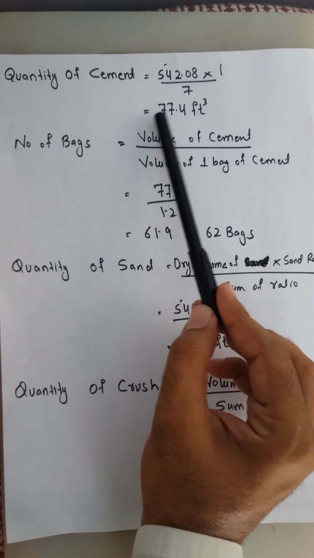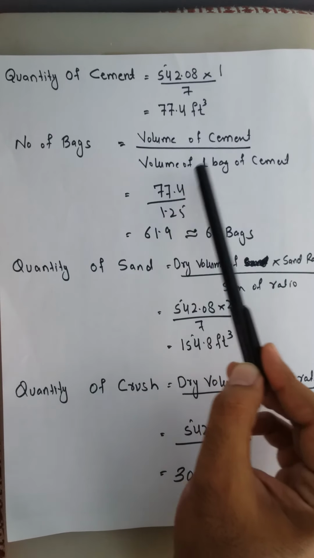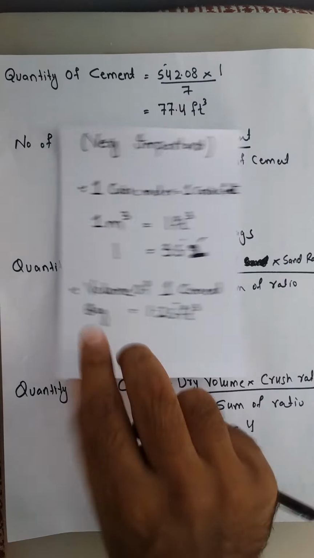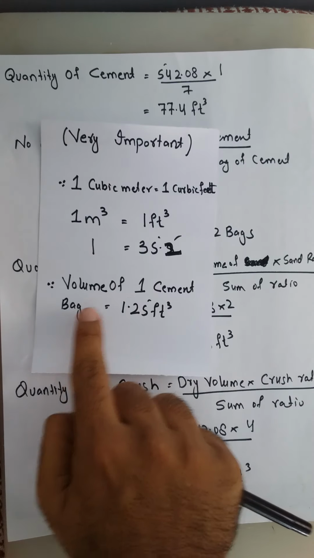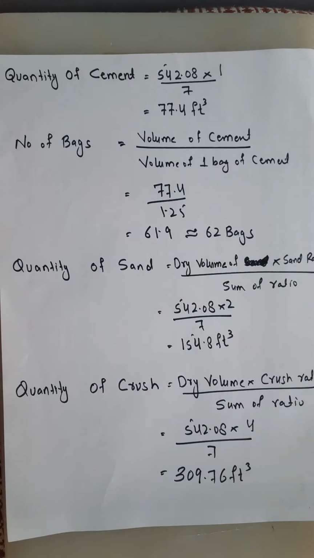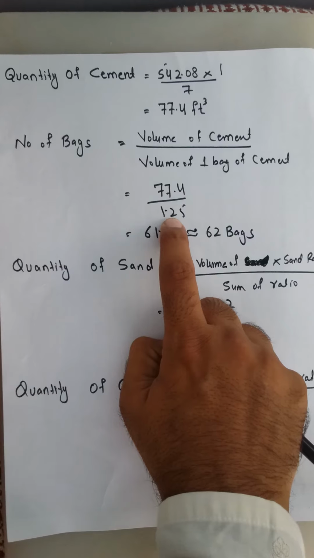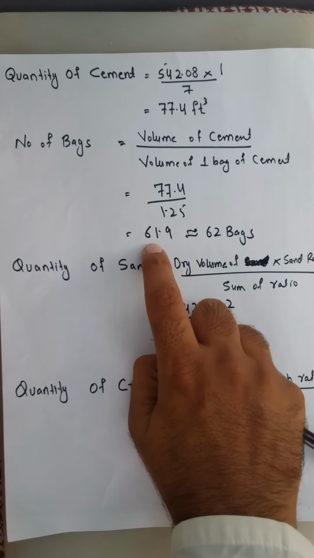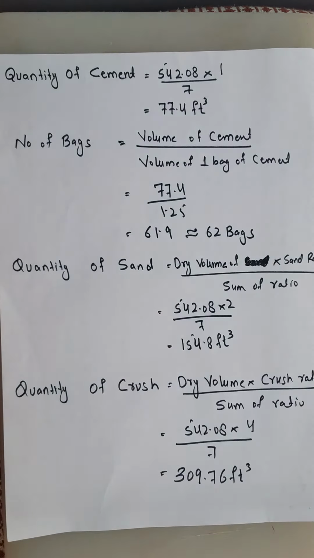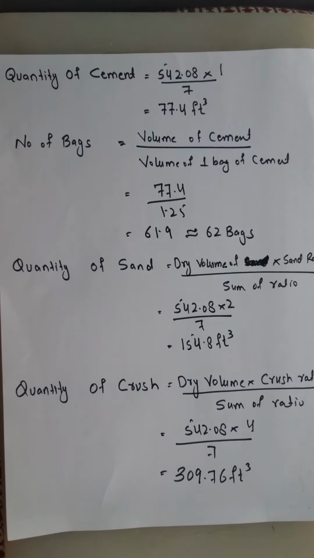The volume of cement is 77.4, and the volume of one cement bag is 1.25, as I told you before. We divide them and we get 61.9, approximately 62 bags. For 10 cubic meter we need 62 bags of cement.